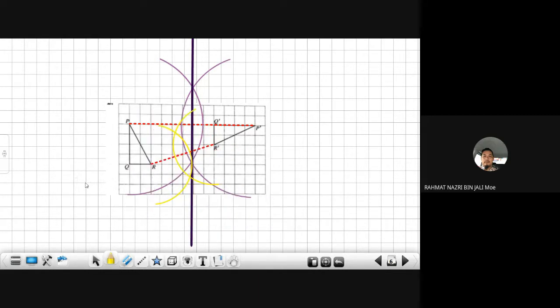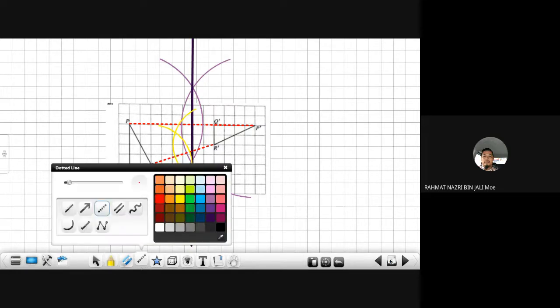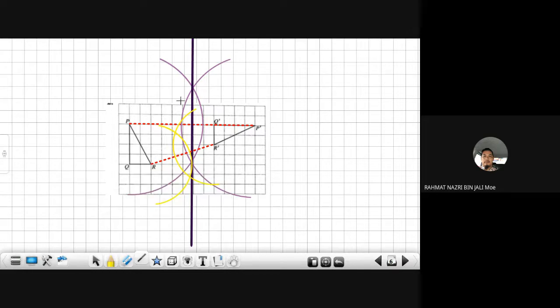Okay, siap. Okay, now we're gonna draw the perpendicular bisector. Solid line. Connect this one with a straight line.